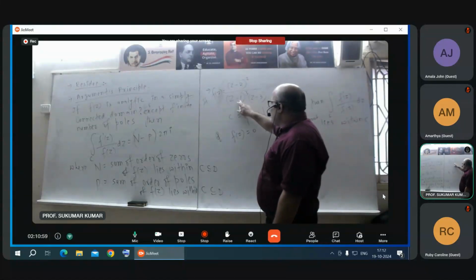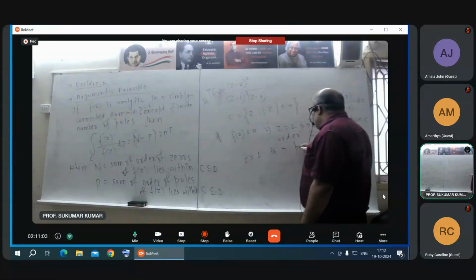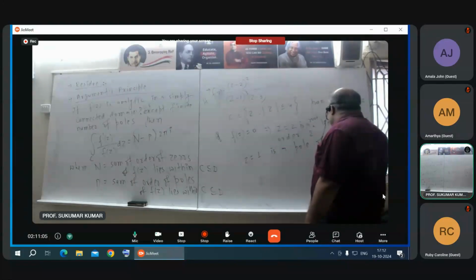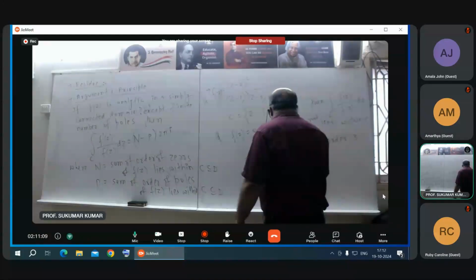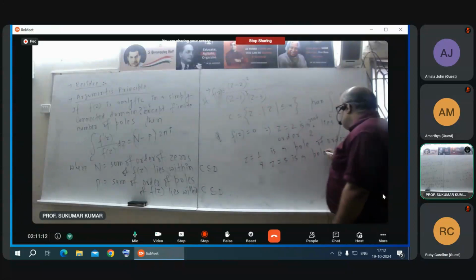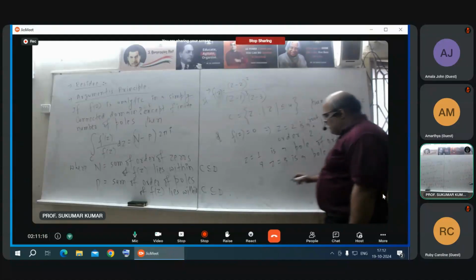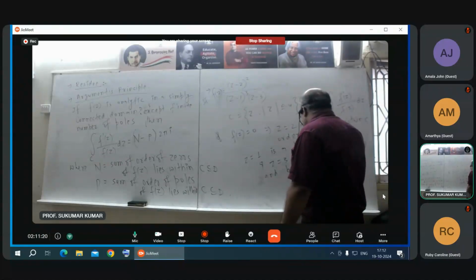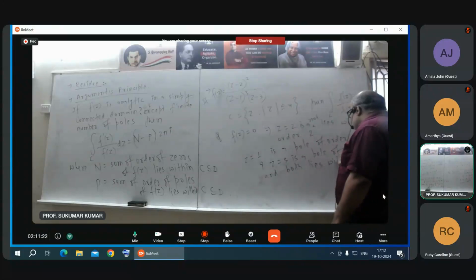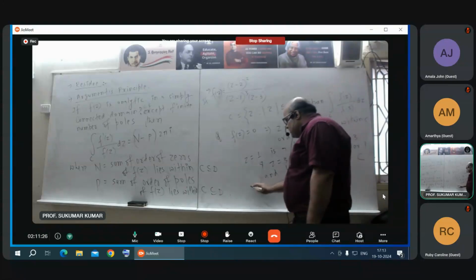Here 1 will be a pole and 3 will be a pole. Z equal to 1 is a pole of order 3 and Z equal to 3 is a pole of order 1, and both lie within C.